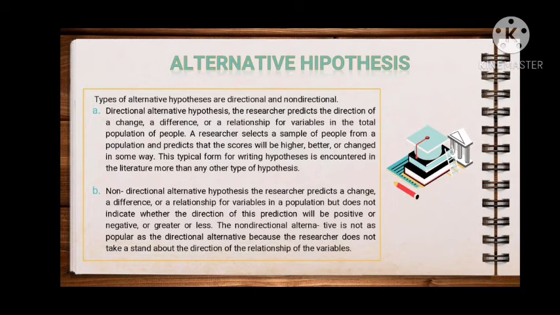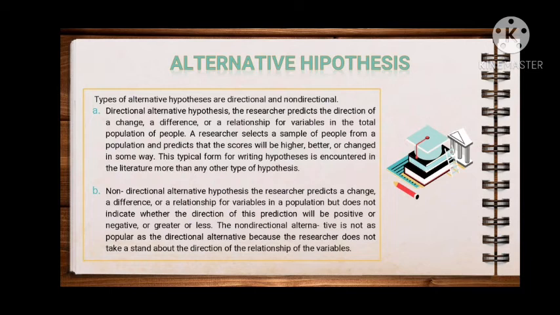A researcher selects a sample of people from a population and predicts that the score will be higher, better, or change in some way. This typical form of writing a hypothesis is encouraged in the literature more than any other type of hypothesis.